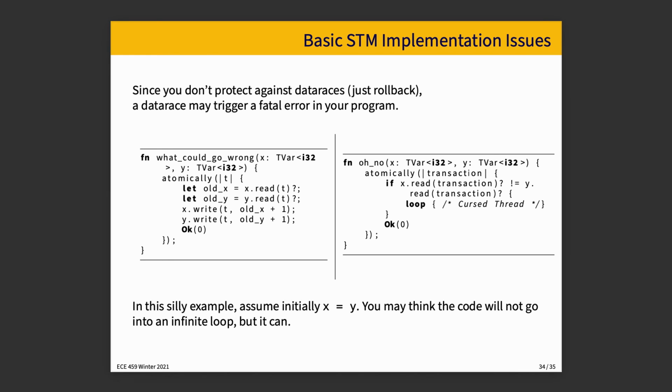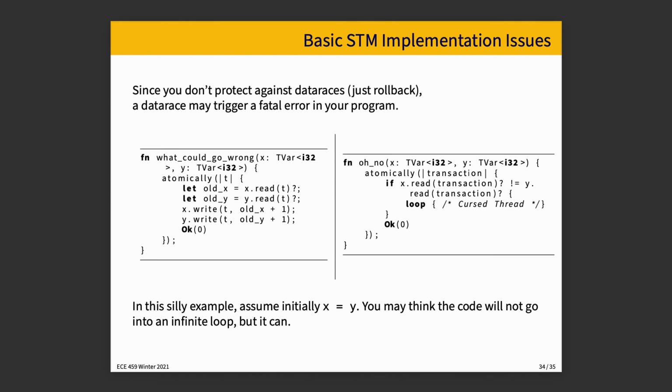The only problem is that software transactional memory doesn't protect against data races because its only strategy for dealing with any problem is a rollback. Unlike a database where this is happening inside the database server, in STM we can get intermediate states being visible.